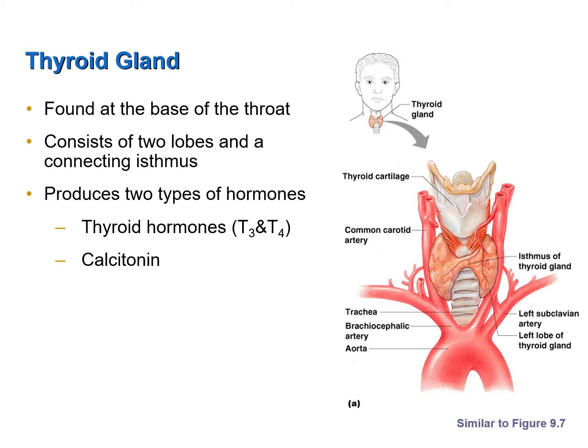So again, the thyroid gland produces 3 hormones, but when you hear the term thyroid hormones, it refers to T3 and T4, even though technically calcitonin is produced by the thyroid gland. Calcitonin is unaffected by thyroid-stimulating hormone, so we're just going to focus on T3 and T4.